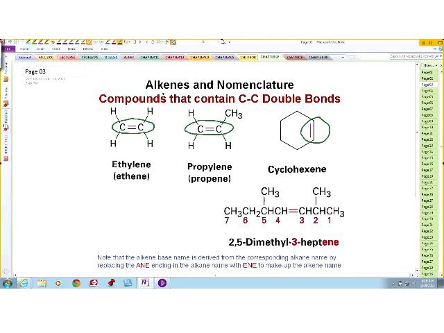In these examples, each carbon of the carbon-carbon double bond in alkenes is an sp2 hybridized carbon atom, which is to say that this molecule will be essentially flat, what we call trigonal planar geometry.